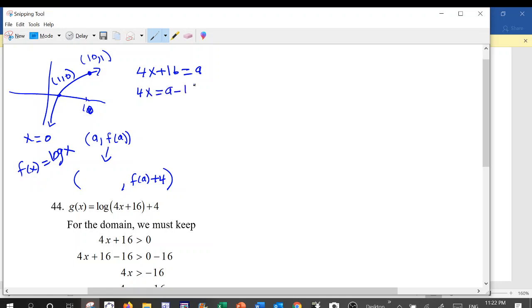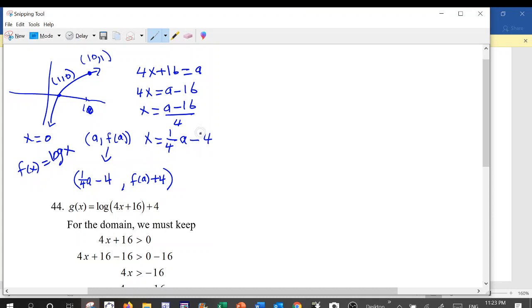So a minus 16, and then x equals (a minus 16) divided by 4. That's 1/4 a minus 4, right? So that's what's going on with the x coordinate. We take a, multiply by 1/4, and subtract 4.